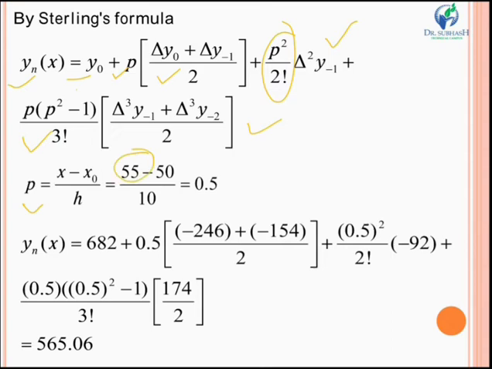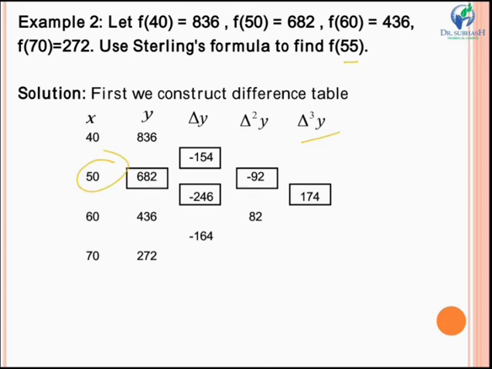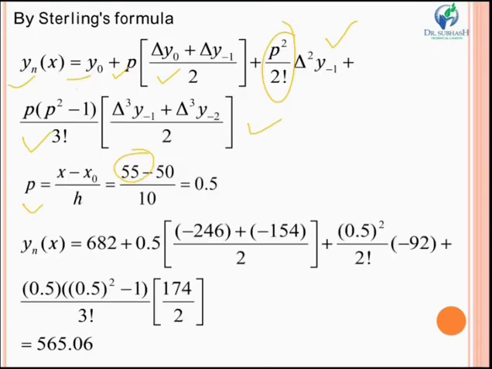For x0, see, 55 again is between 50 and 60, so you can either take 50 or 60. Here I am taking 50 as my x0. So x0 is 50, and there is an interval of 10 between the values, so I am taking h as 10.